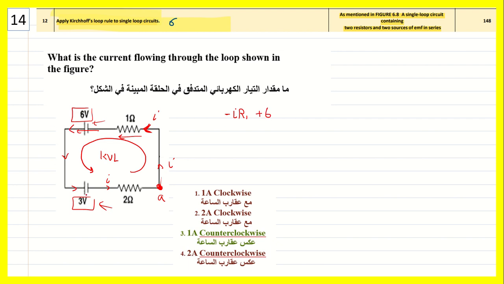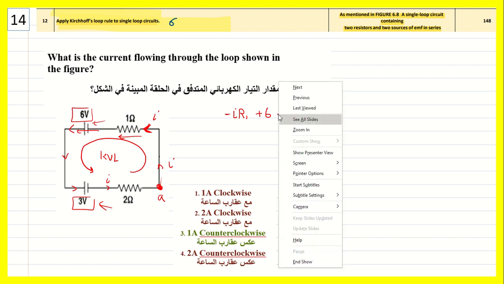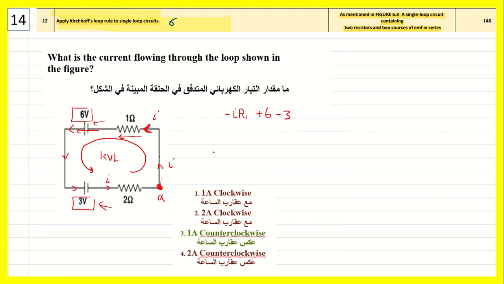I'm entering the battery from its positive terminal, so I'm going to substitute its voltage as negative. I'm entering this resistance from the positive, the same direction as the current, so we're going to substitute its voltage as negative. So minus I R2 equals 0.